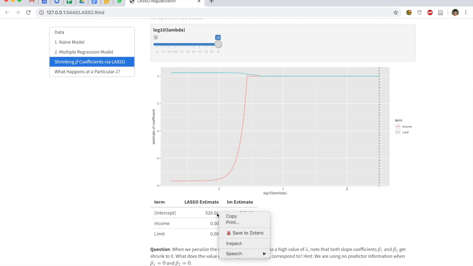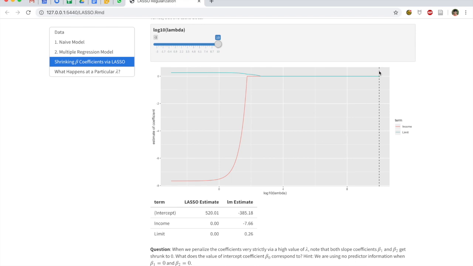And recognize that number, folks. What we have here is $520.01. It is the average of the y's. In other words, if you fit a regression with only an intercept term, the intercept will be equal to the average of the y's. So that is the other extreme of the least complex model.